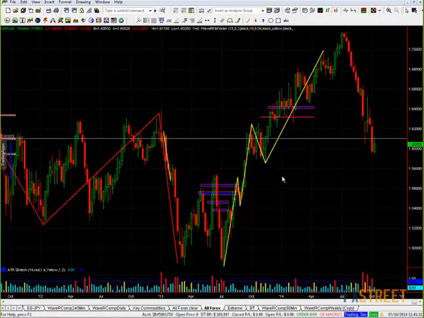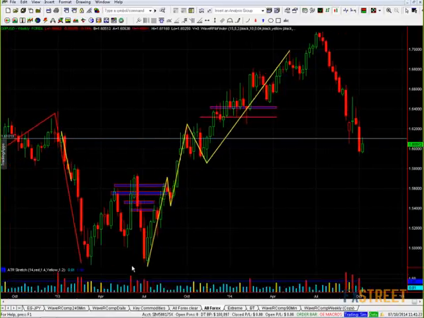What was really quite interesting on cable is that we've had this reversal area. We had price move up, as you can see, I've got these measured moves put in.